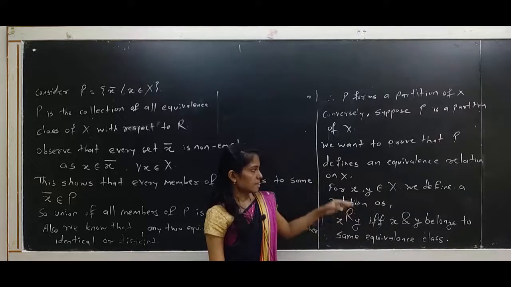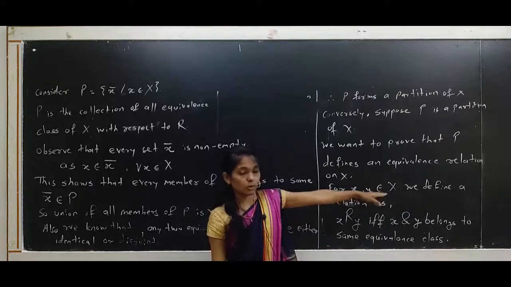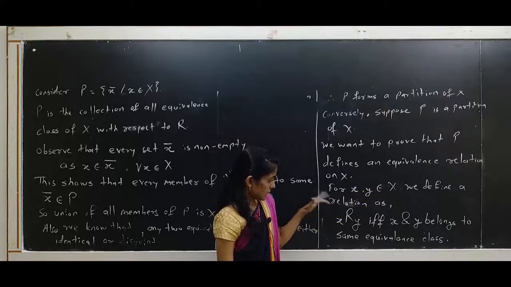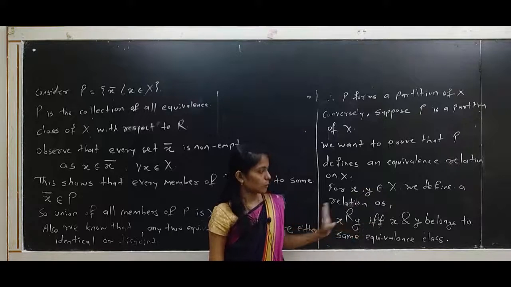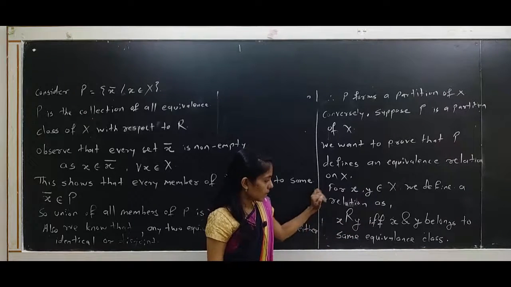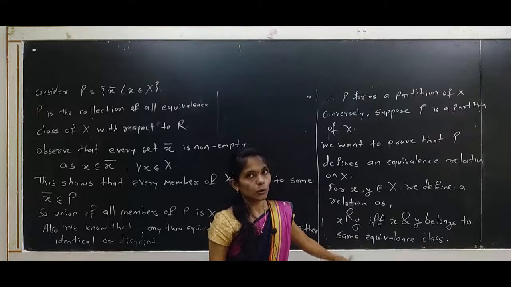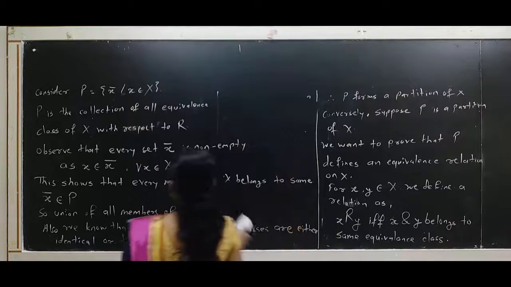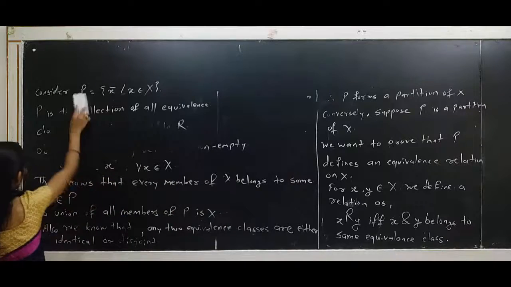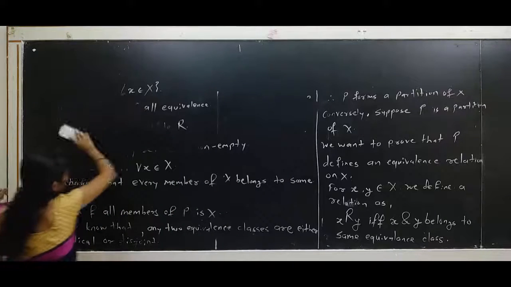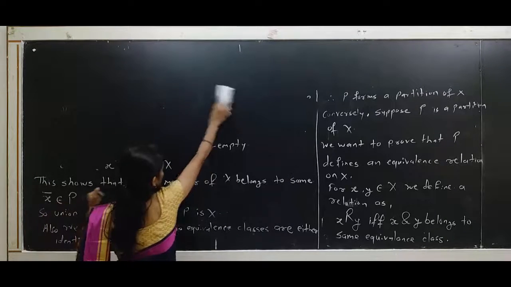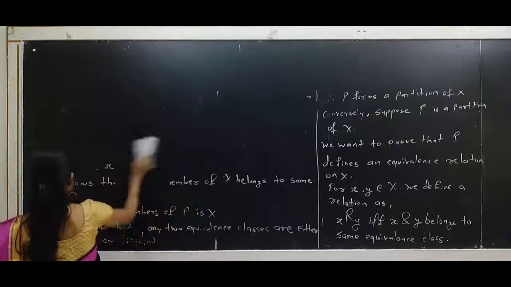So see here, x and y belong to the set X. So here we define the relation R as x related to y if and only if x and y belong to the same equivalence class. Okay. So that means we want to show that this relation R is reflexive, symmetric and transitive.